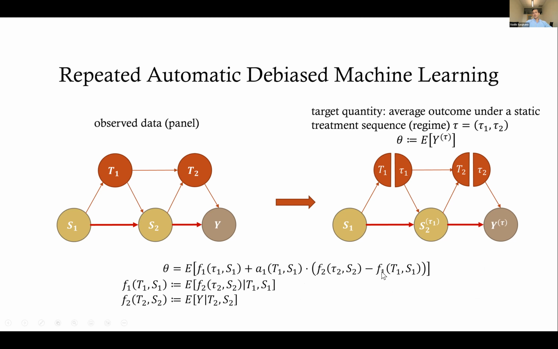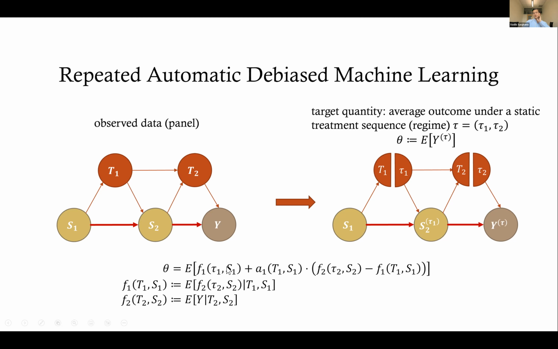So that regression function f1 is trying to predict f2 evaluated at tau2. And so whenever that f1 is not equal to the expected value of f2, given t1 and s1, this residual is not going to be mean zero, and you're going to have a debiasing correction that's going to correct the errors in f1. And of course, the thing that you need to multiply over here is the Riesz representer of your original moment function.